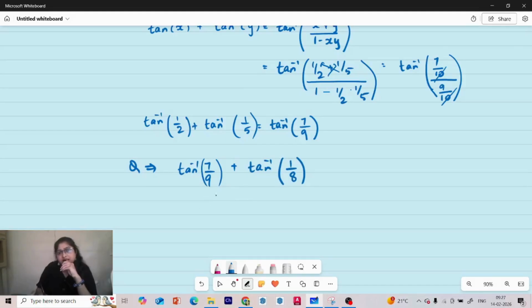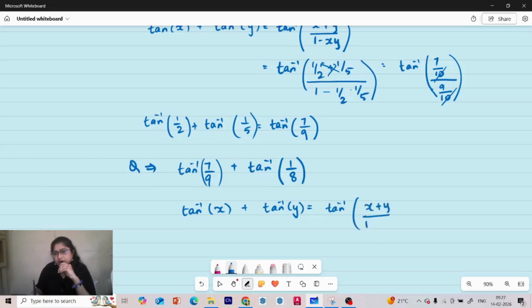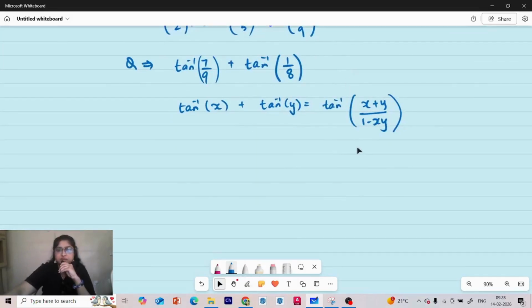Again for these two, let's apply the tan inverse x plus tan inverse y formula: tan inverse of (x plus y) by (1 minus xy). We do the same, putting 7 by 9 in place of x and 1 by 8 in place of y. So this becomes tan inverse of (7 by 9 plus 1 by 8) by (1 minus 7 by 9 into 1 by 8).